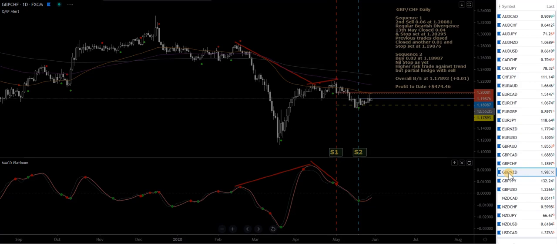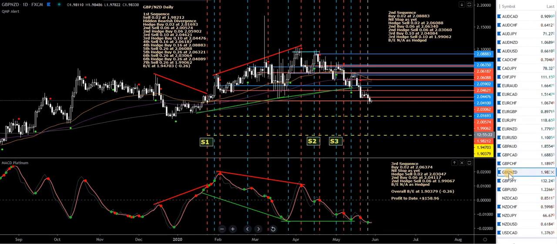Ooh. Pound New Zealand. This is one that's doing my head in, and you hear me talk about it and whinge about it every video. I've been in a lot of trades for a long time. This is a daily chart, and I always bring your attention to this, what I call an absolute dog's breakfast in here. Look at these wicks on these candles. This is daily candles. Unbelievable.